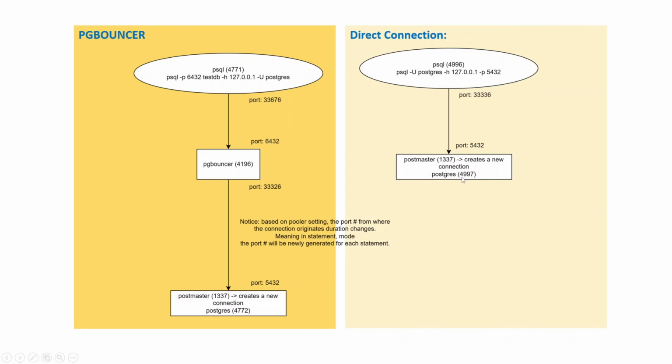That's 4997, a process ID for the Postgres session attached to the database, and this is a client process ID. Alright, so this is how a direct connection differs from PgBouncer.